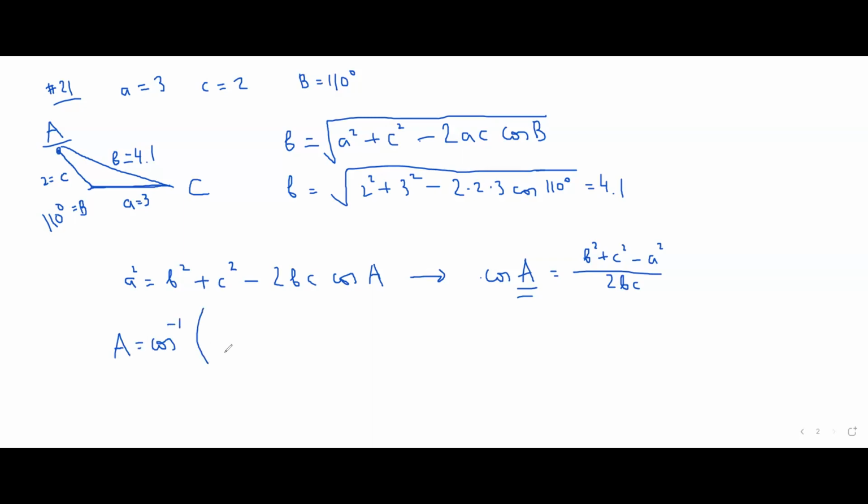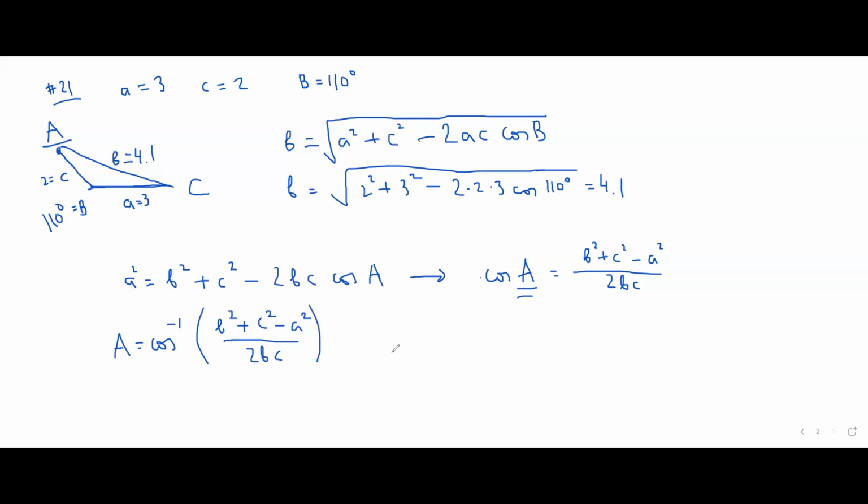Arc cosine. So this will be still the same B squared, C squared, and minus A squared. And also divide this by 2 BC.